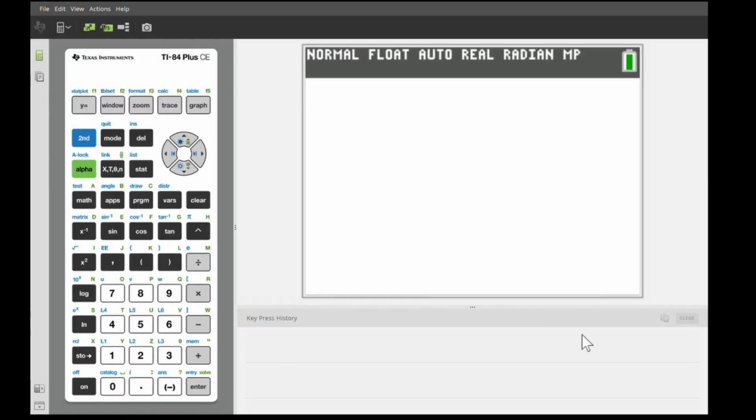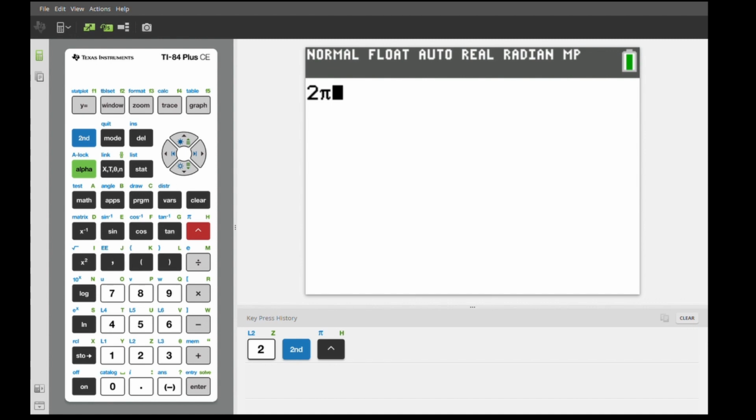Alright, so here's my calculator. I'm going to put in those numbers. Let's see what it was. I think it was 2 times pi. Remember to get the pi symbol. Here's my pi symbol. It's colored in blue, so I need to click the blue second button. Then I hit that button next to pi.